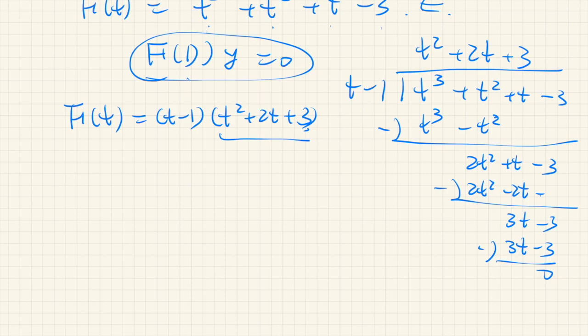So this one can be factorized as t minus alpha and t minus alpha conjugate, where alpha and alpha bar are the solutions of this quadratic equation, t squared plus 2t plus 3 equal to 0.